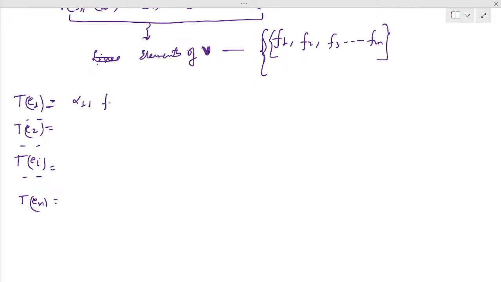So I'll write it as alpha 11 F1, alpha 21 F2, ..., alpha m1 Fm.